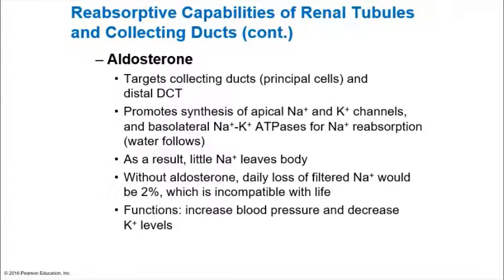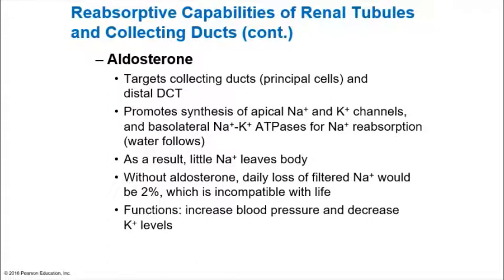Why? We already know what that's going to do. That sodium potassium ATPase at the basolateral membrane will kick out that sodium from the cell and dump it into the bloodstream. This is how you're helping to reabsorb sodium in the distal convoluted tubule. Aldosterone just forces it to make those basolateral sodium potassium ATPases.